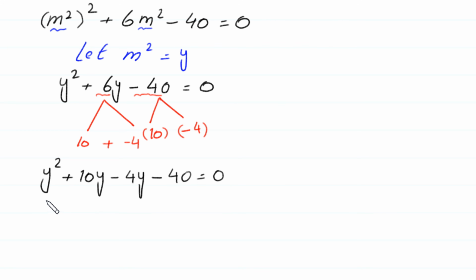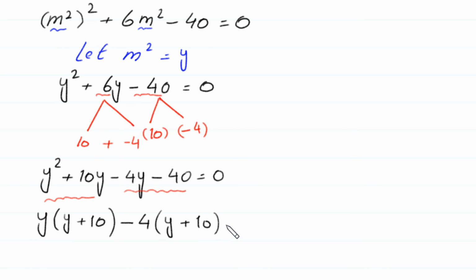Now from these two terms, y squared plus 10y, we can factor out y times (y plus 10), and from these two terms, negative 4y minus 40, we can factor out negative 4 times (y plus 10) is equal to 0.